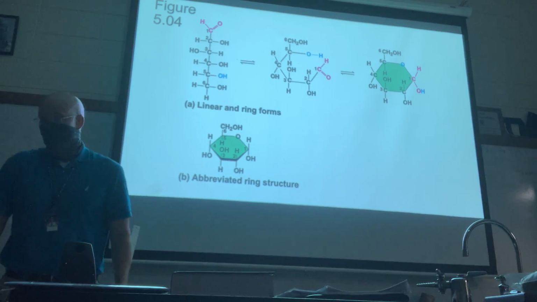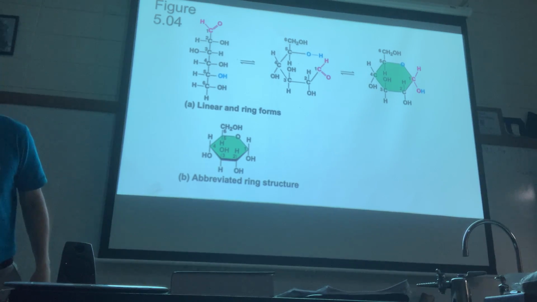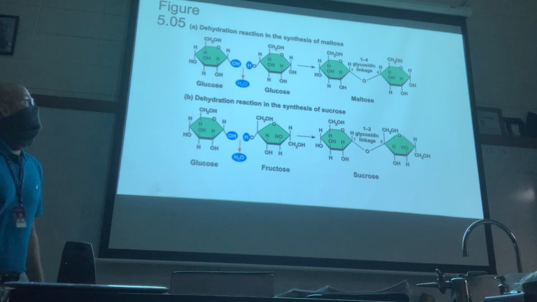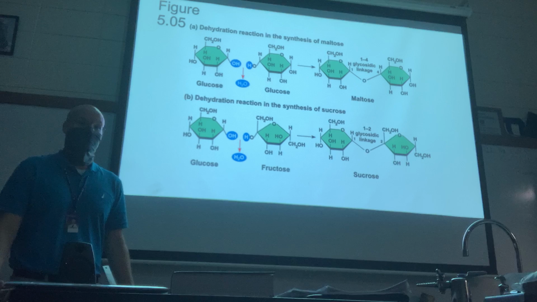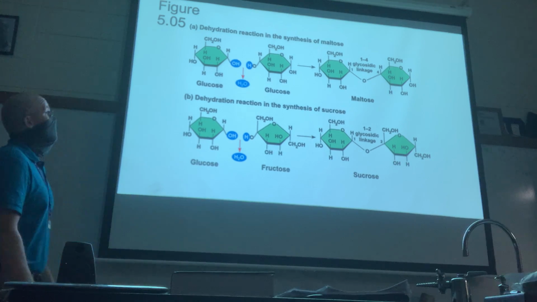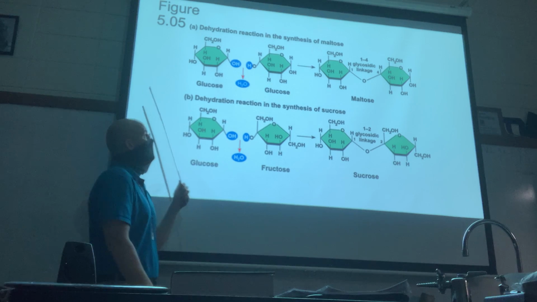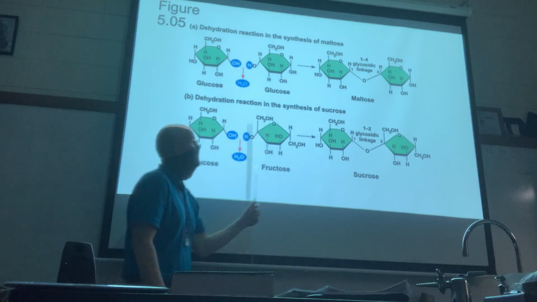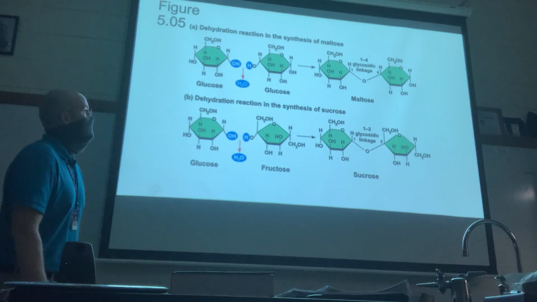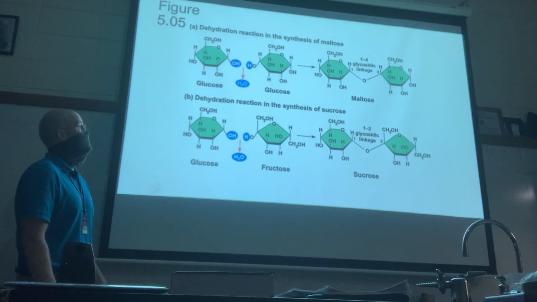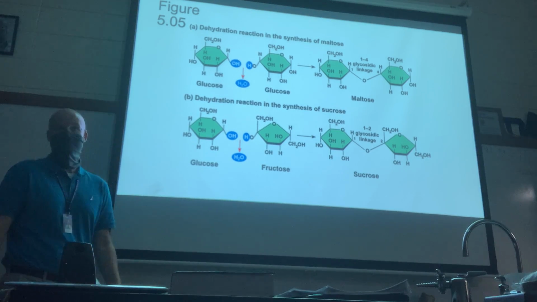So, let's talk about slightly more complex sugars. Again, this looks scary, but all we're looking at here is what? What in general is happening here and here? It's basically the same process, just with some different building blocks. They're all carbohydrates.